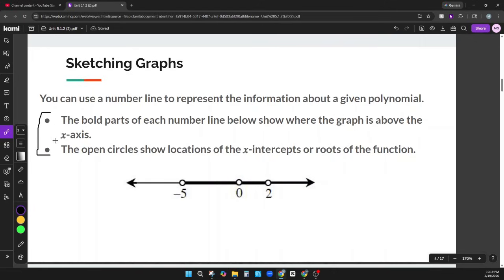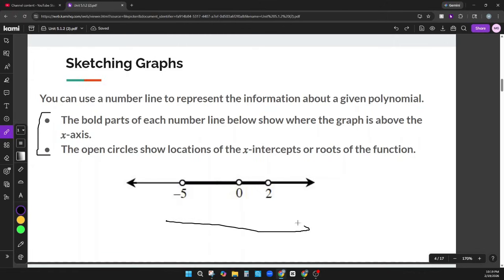Okay, so the first point is worded a touch weirdly, but it's essentially saying the bold parts of our number line represent where our graph is going to be above the x-axis.